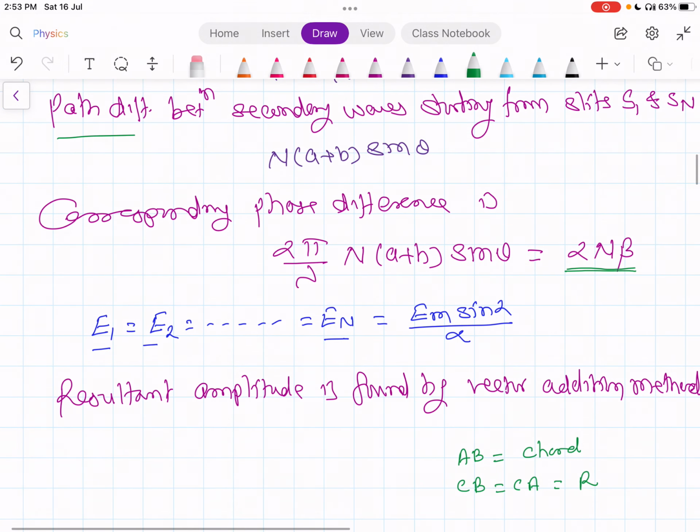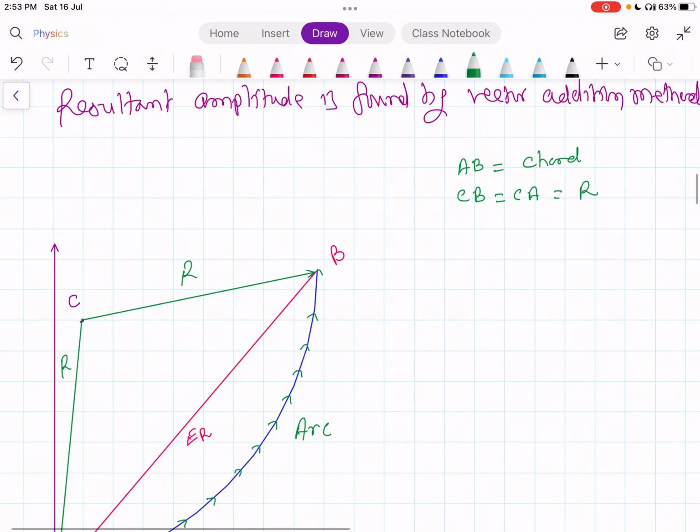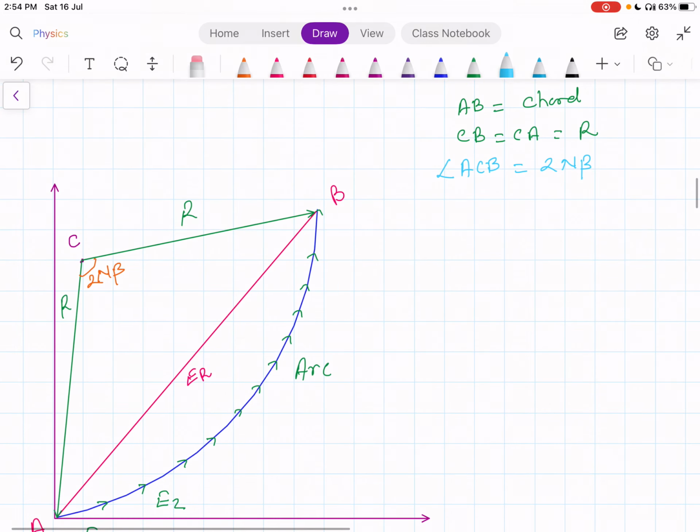The phase difference between the S1 and Sn slit, corresponding phase difference, is 2 pi by lambda n into (a plus b) sin theta, which is equal to 2n beta. So this angle ACB is equal to 2n beta.